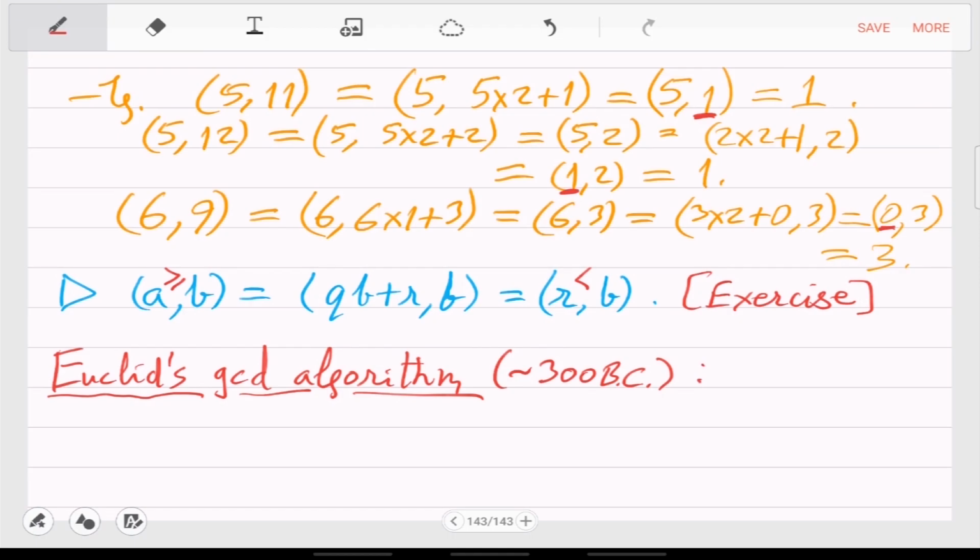So the pseudocode is you check if B is 0. If B is 0, then you have already reached the base case, right? So you output what?